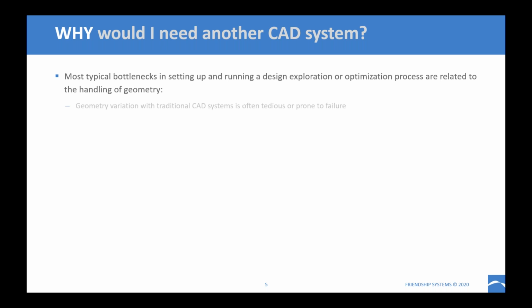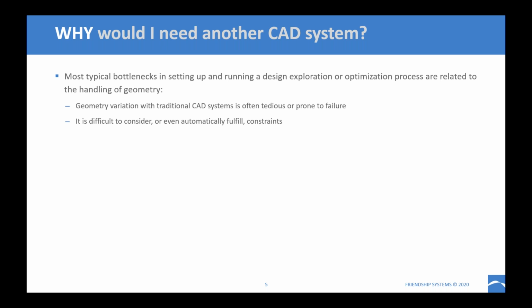These bottlenecks can be that geometry variation with a traditional CAD system is often tedious or prone to failure, which means that you might change certain parameter values by your optimization algorithm, and the geometry is not able to regenerate, or it regenerates with certain failures. That, of course, does not work well during the optimization process.